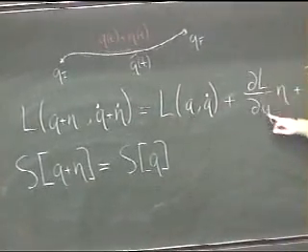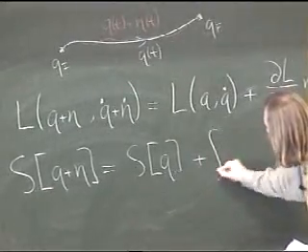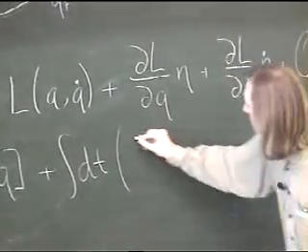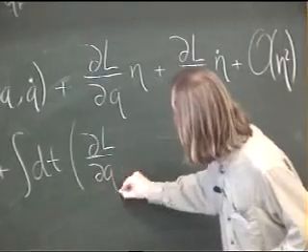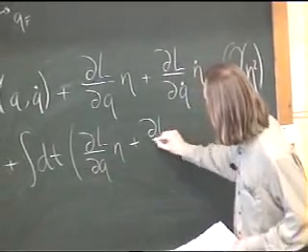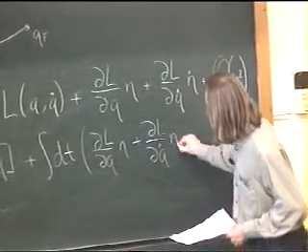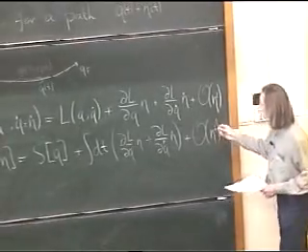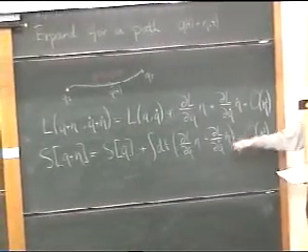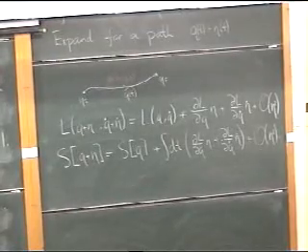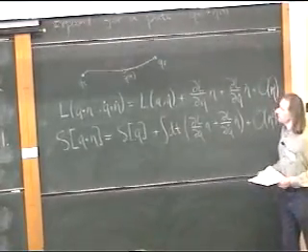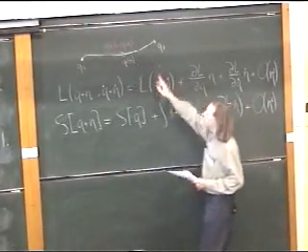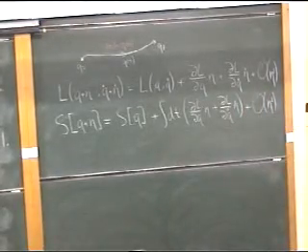Then I have to integrate, over time, these terms together: dL/dq times eta plus dL/dq dot times eta dot, and then plus order eta squared. I've not defined exactly what I mean by small eta, but basically the path q plus eta should be very close to the path q, and the derivatives should also be very close.